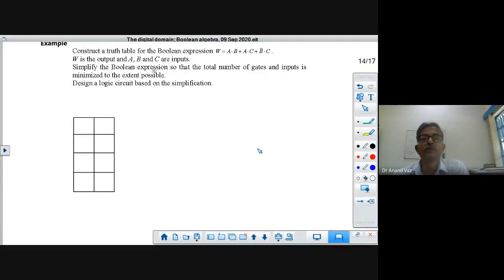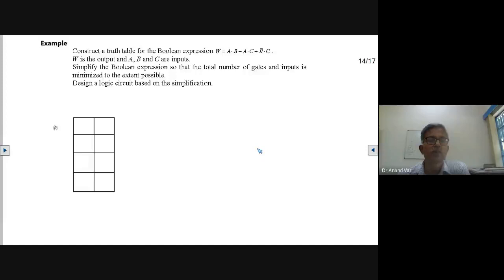Now, we will have the variables here, not A and not B. And as we discussed yesterday, we will just change the state of one variable at a time as we go to the next row.